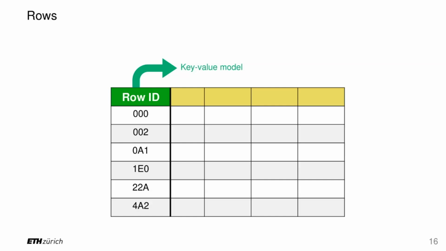It's an identifier for the record or for the row. For example, 000 is the row ID of the first row, 002 is the ID of the second row, and so on. Okay, so you could see it as a key value model where the row ID is the key and the rest of the row is the value. Who agrees with that? Right? This is one way to see it.